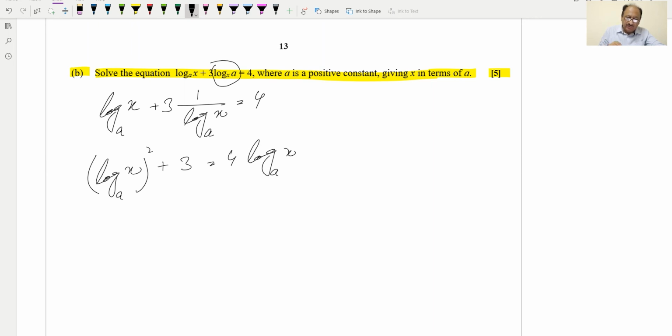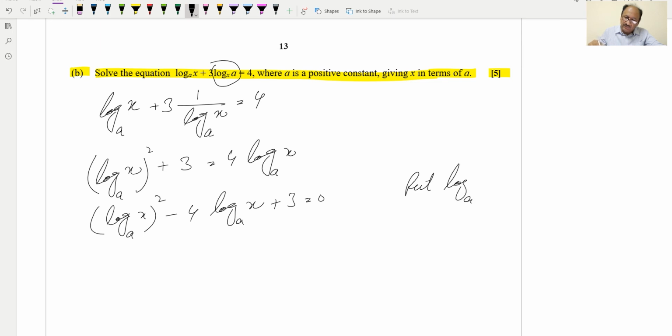Now we can shift this to the other side, and we will get log of ax square minus 4 log of ax plus 3 is equal to 0. And now we can put log of base ax as y. So our equation will become y square minus 4y plus 3 is equal to 0.